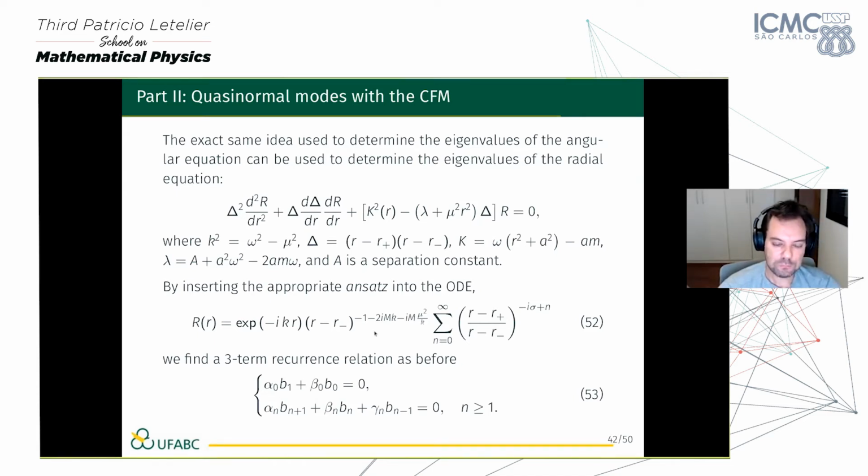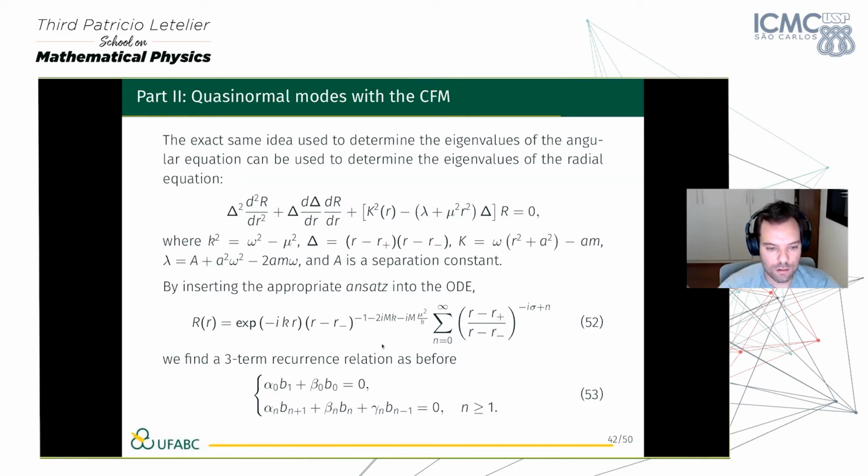And so you can do this by plugging in this ansatz here, which is equation 52. This ansatz already has naturally both boundary conditions at the horizon and at infinity. So at the horizon, it is an ingoing wave, and at infinity, it's just an outgoing wave.